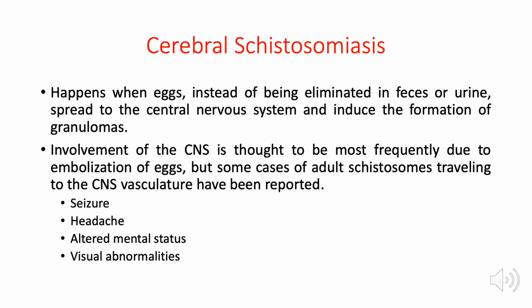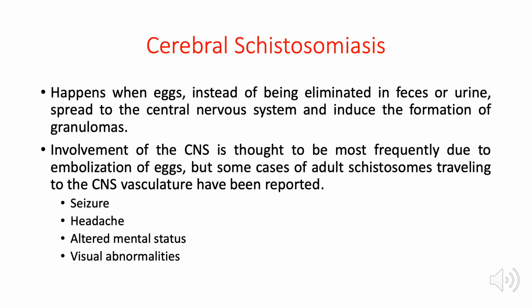The clinical manifestation will depend on what portion of the brain the eggs are deposited in and where they are initiating the granuloma formation. Most of the time, the eggs that reach the brain are those of Schistosoma japonicum. Why?